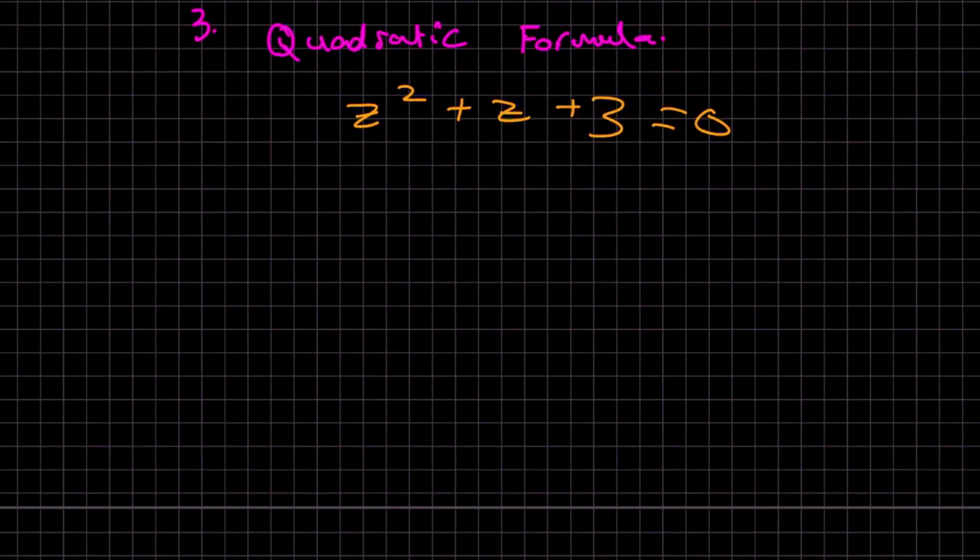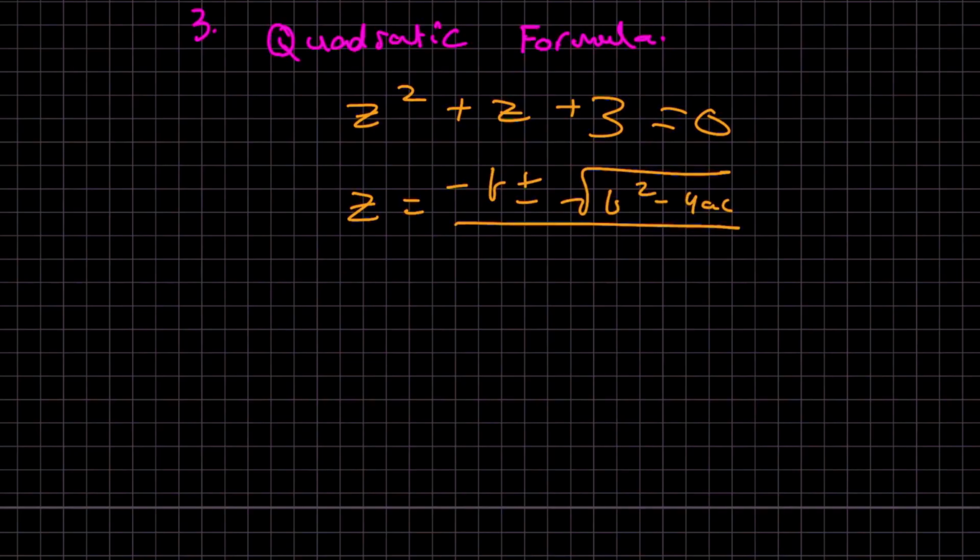Our quadratic formula can be written in the form z equals negative b plus or minus square root of b squared minus 4ac all over 2a. Your a is the invisible 1 over here, your b is the positive 1 over here, and your c is the positive 3 over here.